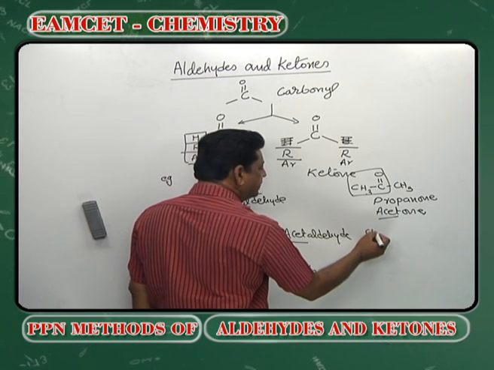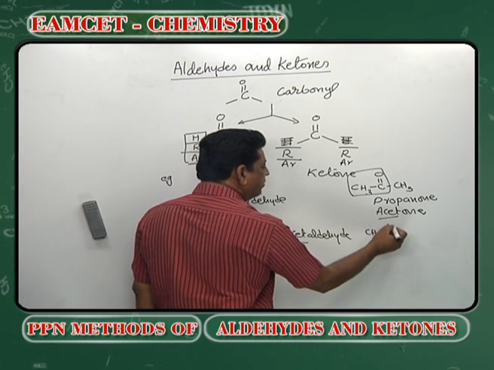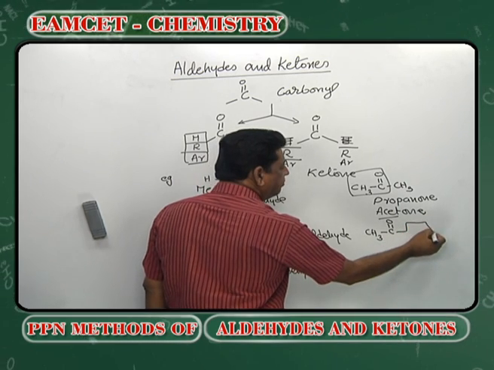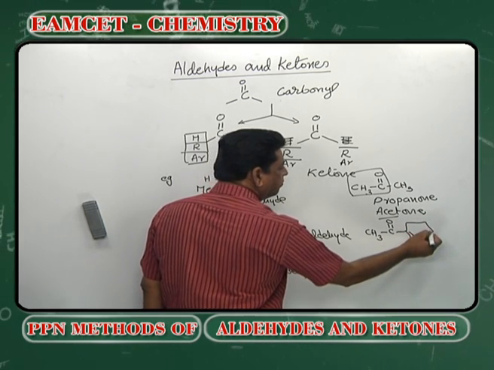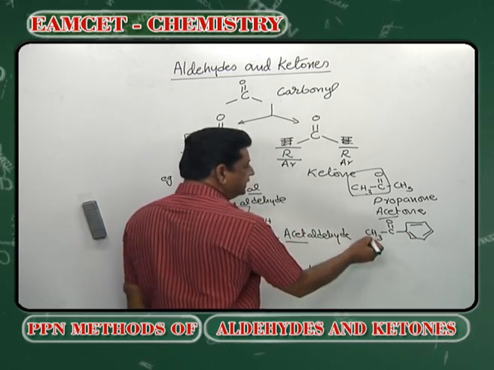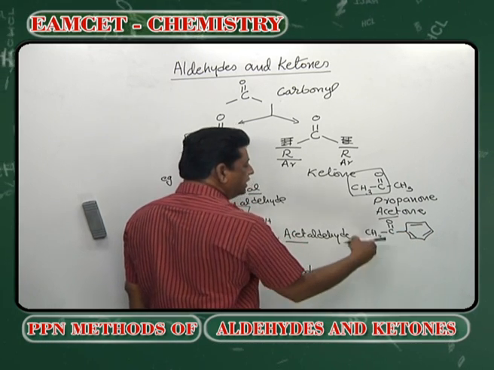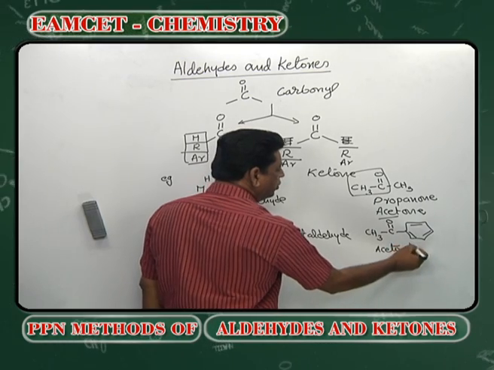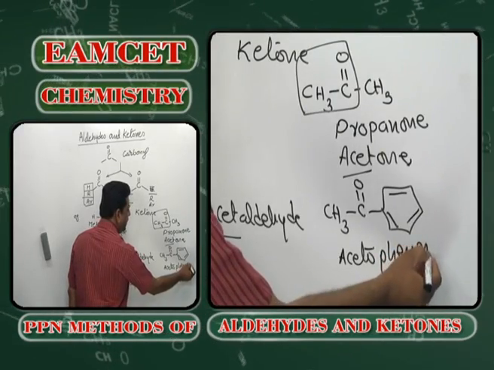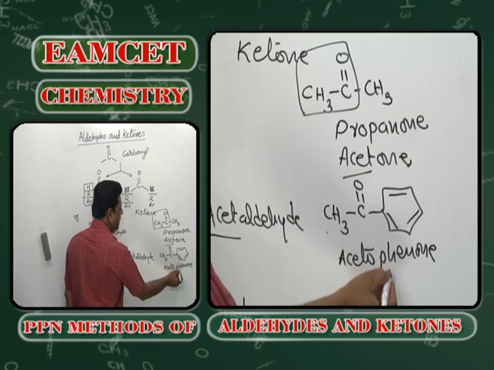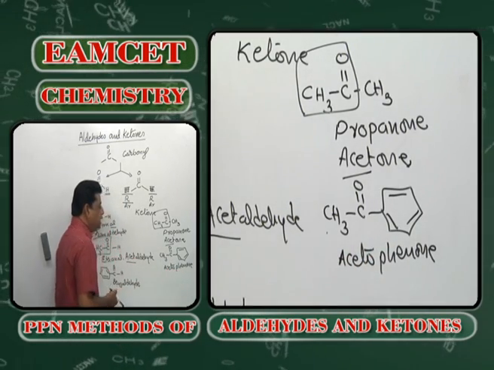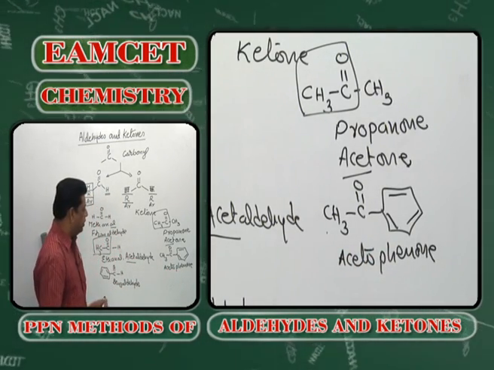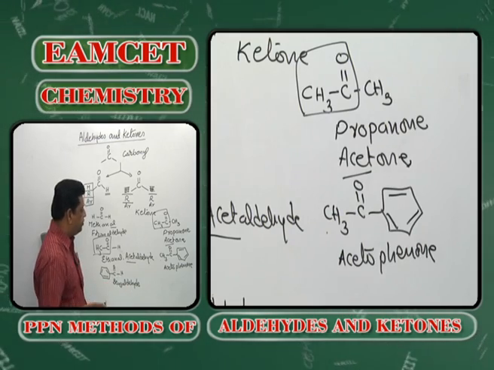Then another type: acet is there, but on the other side you have a benzene ring. It is called acet plus phen plus one, acetophenone.